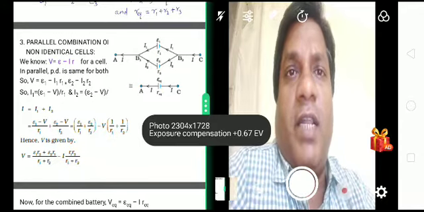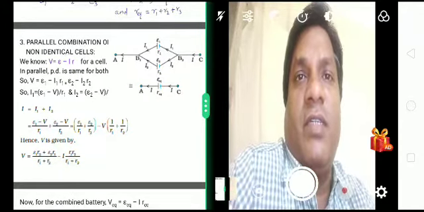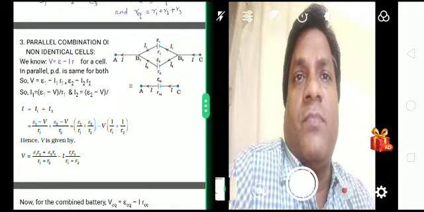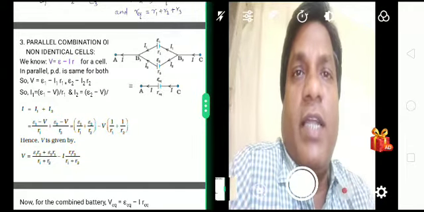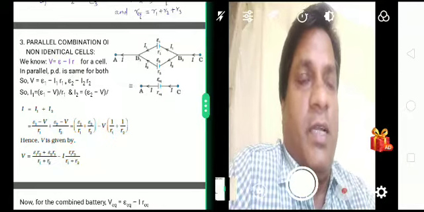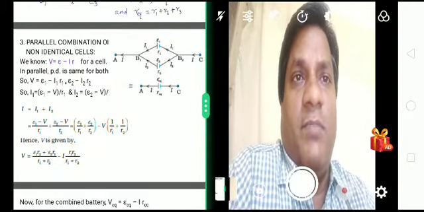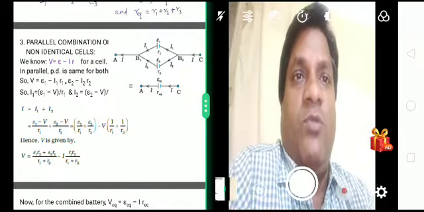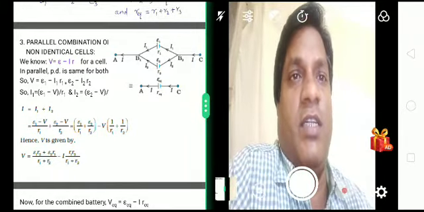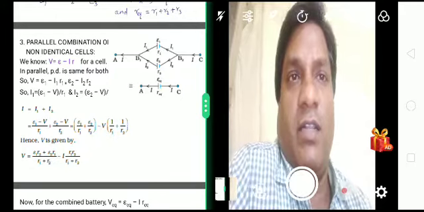Now come to the parallel combination of cells. If two non-identical cells are connected in parallel, in the diagram you can see two cells of EMF E1 and E2 having internal resistance R1 and R2 connected in parallel.